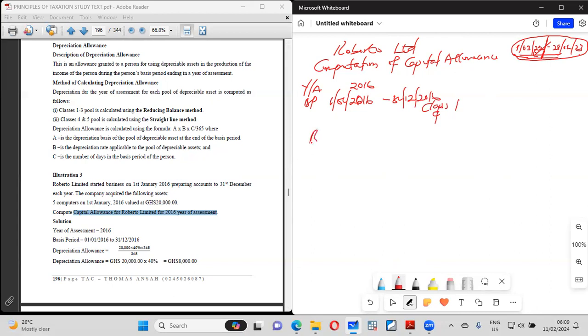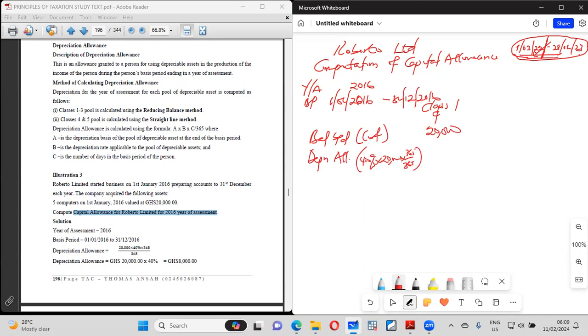So here you bring your balance brought down, which in this case is the cost, and it is 20,000. Then depreciation allowance, or capital allowance, whichever name you give it, you know that it is 40% multiplying 20,000 over 365 by 365 days.